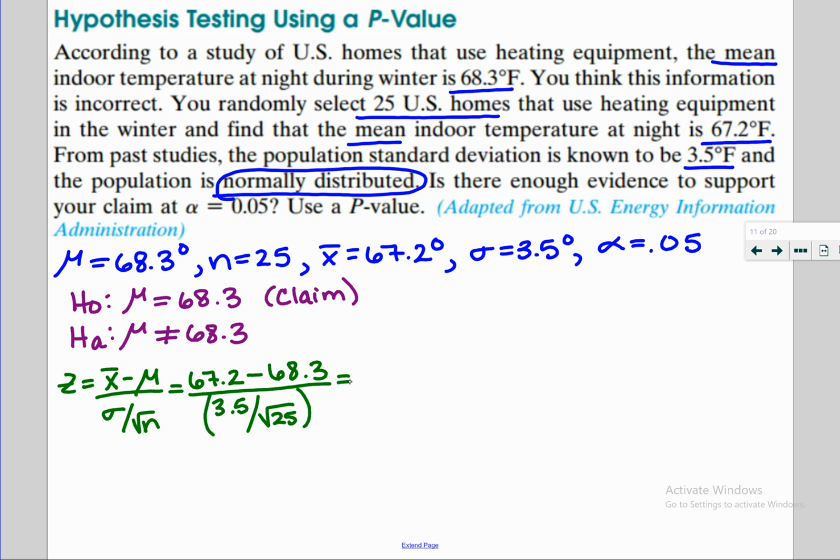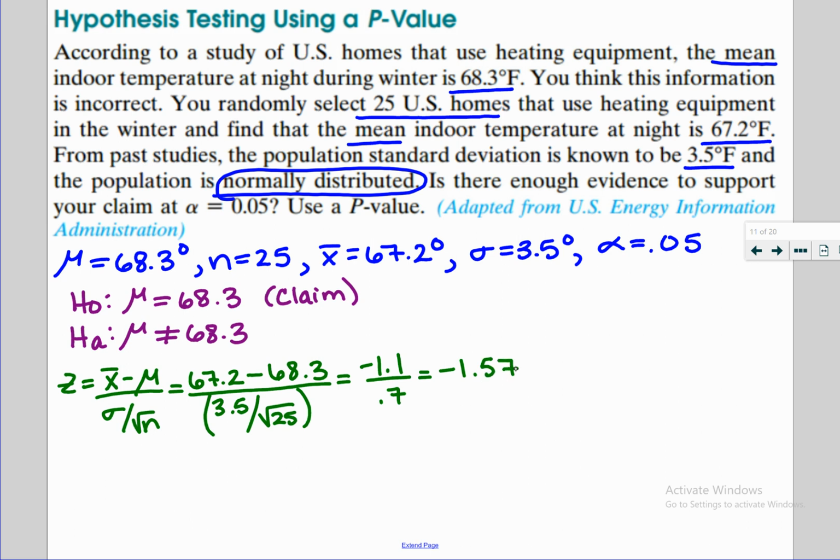And remember, we're going to round to 2 decimal places. 67.2 minus 68.3 is negative 1.1 on the top. On the bottom, 3.5 over square root of 25, or just 5, gives me 0.7.